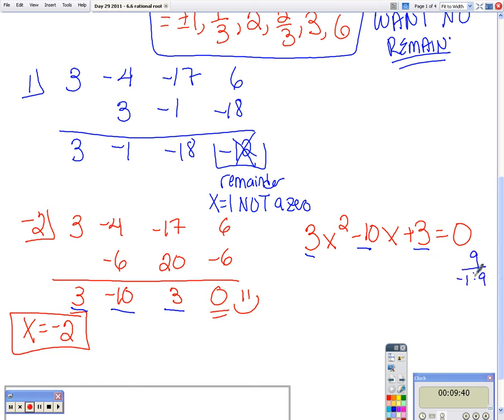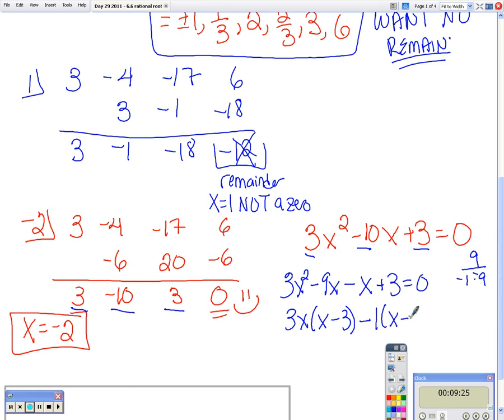And negative 1 and negative 9 I can use. Factor out the greatest common factor of each. Regroup.